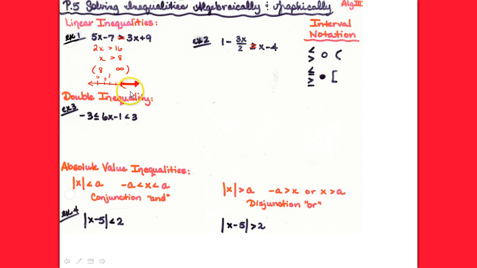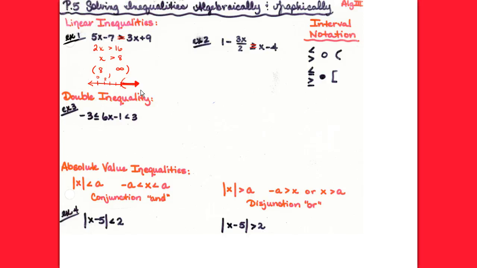And then I'm going to shade all the values that are greater than 8, so I'm going to shade off to the right. And so that interval notation will look like my graph. I'll get to the point after I've used interval notation for a while that when I look at the interval notation, I can envision that graph and picture it, and that's the advantage of it.